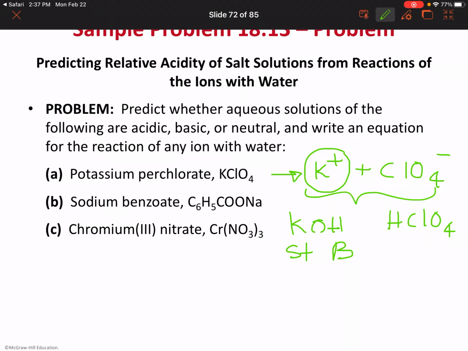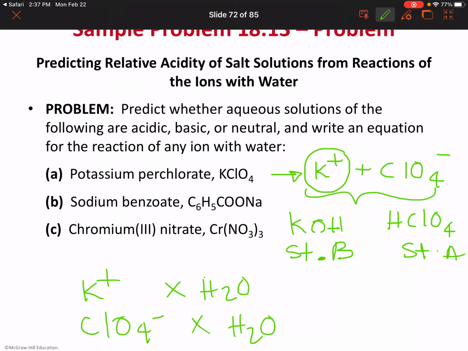Strong base, strong acid, so K+ and ClO4- are not going to react with water. No reaction with water. As a result, the solution will remain neutral, because potassium is a cation of a strong base and perchlorate is an anion of a strong acid, perchloric acid.